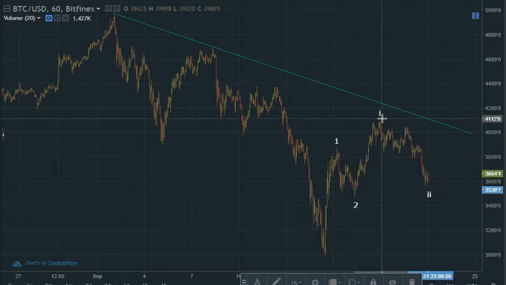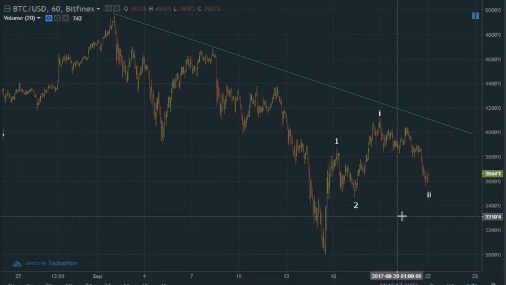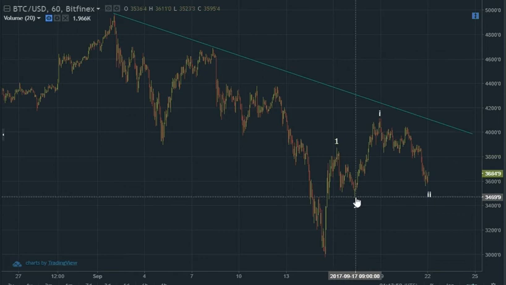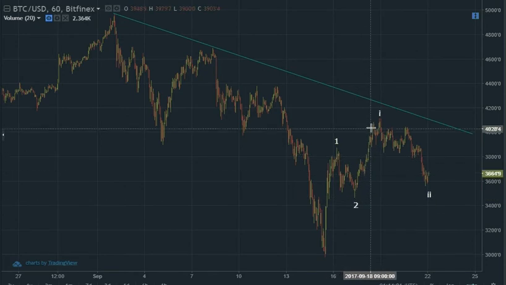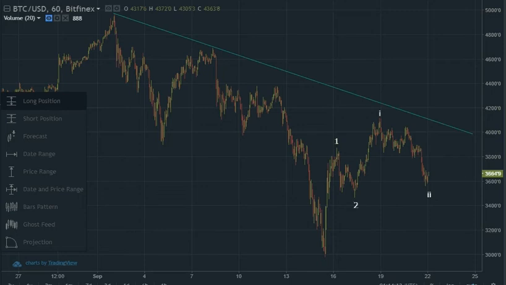If this here is wave one of three, and this is two of three, and the one of three is five waves. 1, 2, 3, 4, beautiful 5 waves. Very nice 5 waves, just like it is shown here.